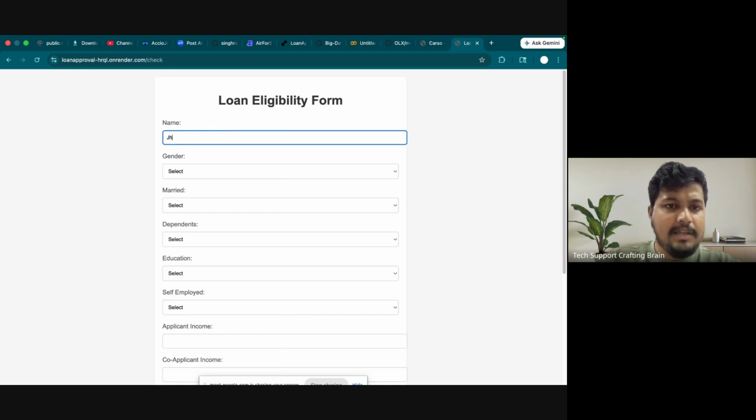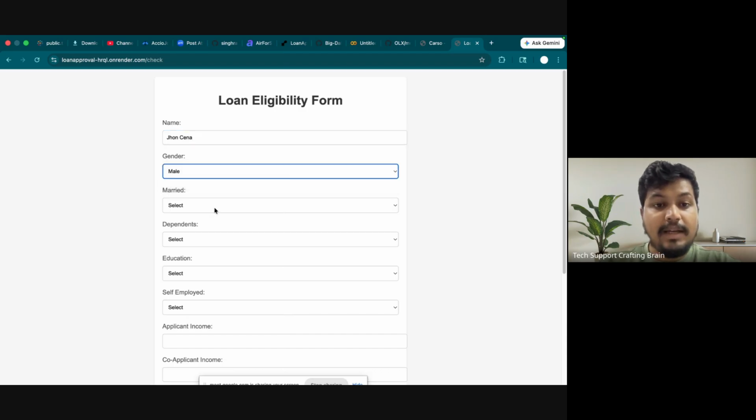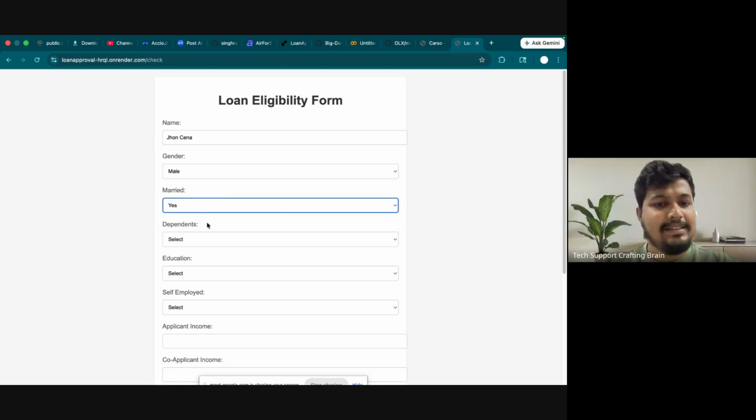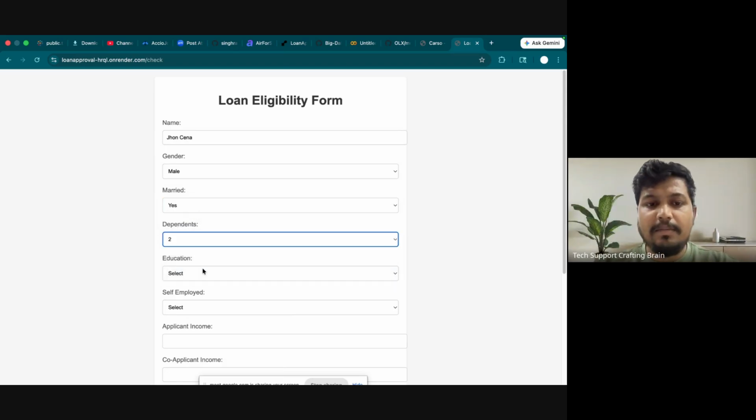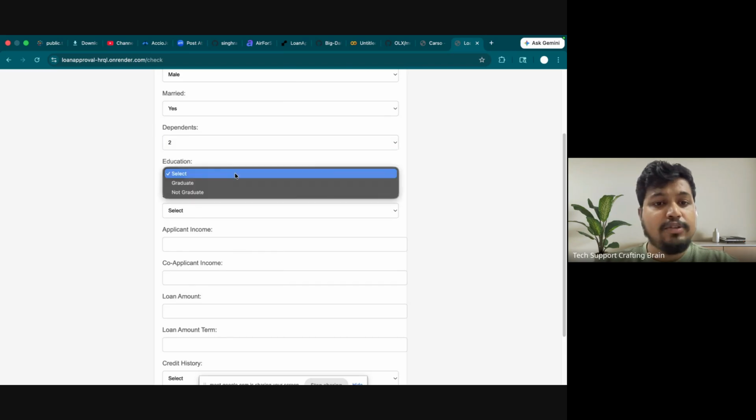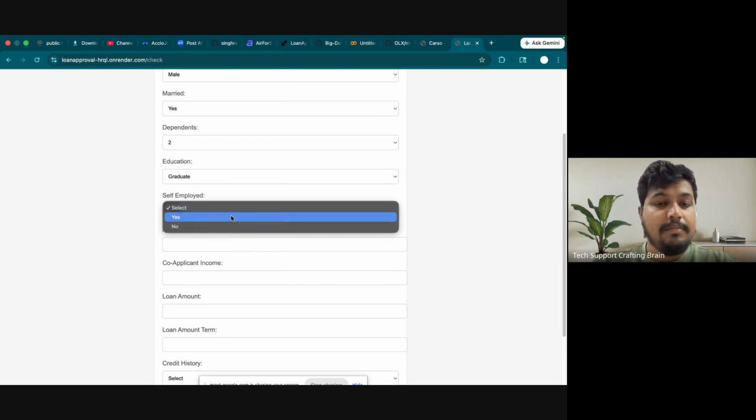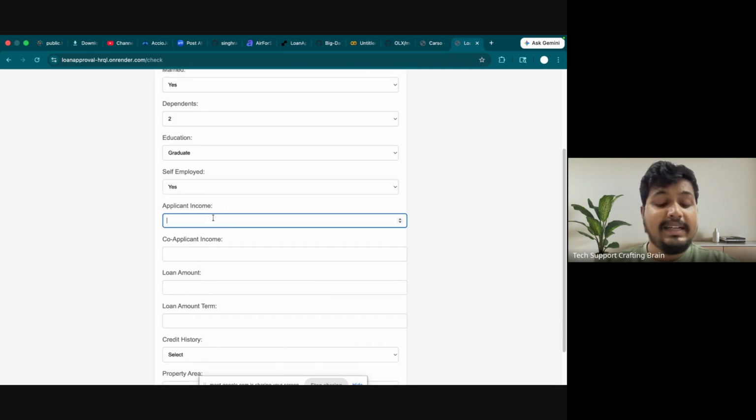Suppose I give it John Cena as the name of the person. Gender of the person is male. Married is yes. Suppose dependents, there are 3 people dependent or 2 people dependent. Education, the person is a graduate. Self-employed, yes. Applicant income, the person is earning around, suppose, $1,500 per month.